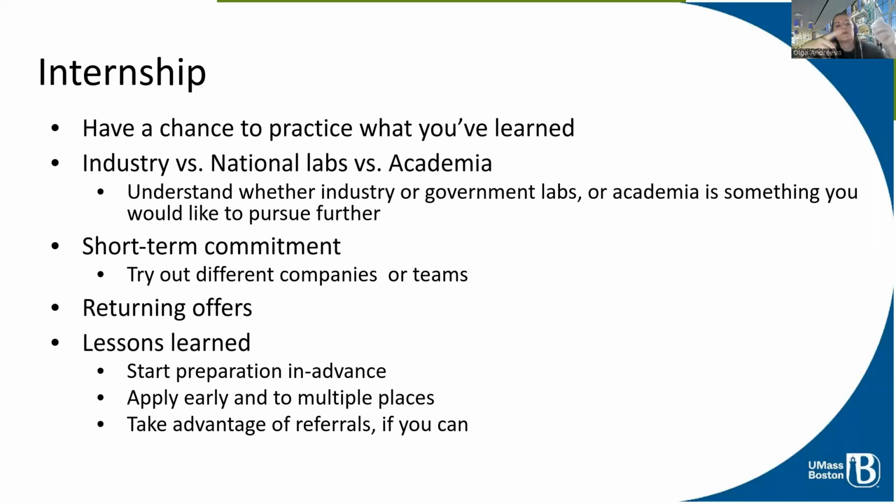Then in December and January, you try to pass their interview, and in late January, you have a chance to get an offer for a summer internship position. So if you are targeting bigger companies, apply early. If you're targeting smaller companies, of course, probably start looking in January.